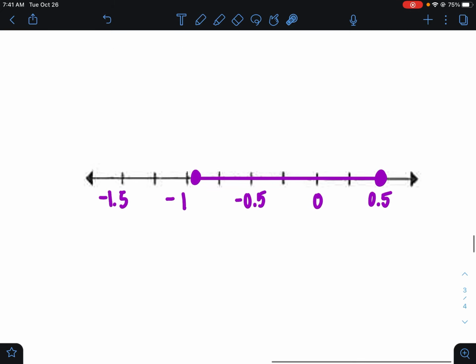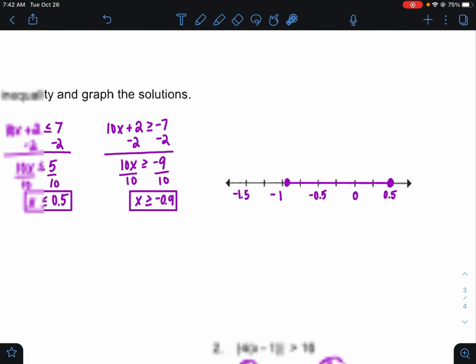Number lines don't have to be perfect, but they have to have a pattern that is reasonable. So I went up every 2 by about 0.5, and that means that this right there is about my 0.9.